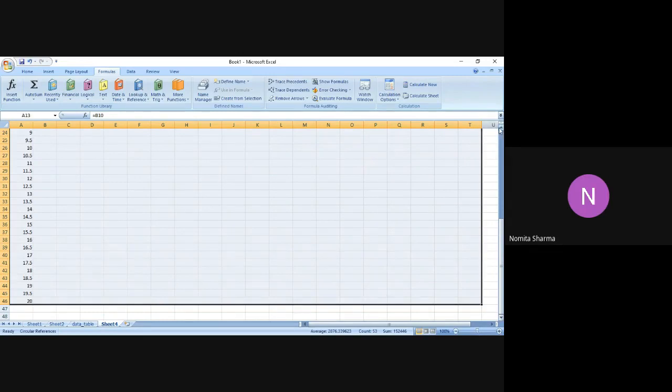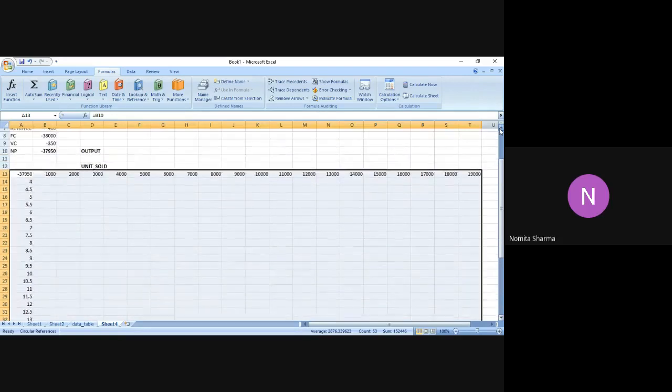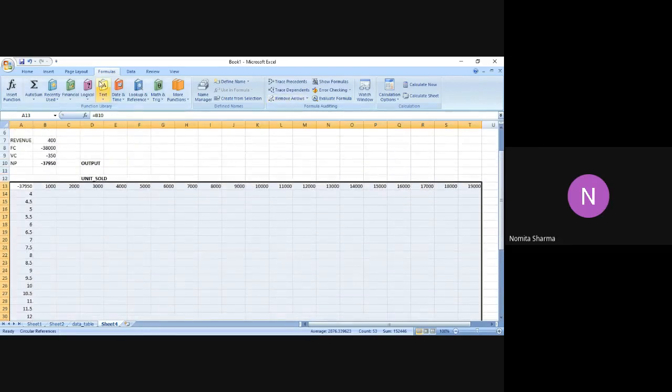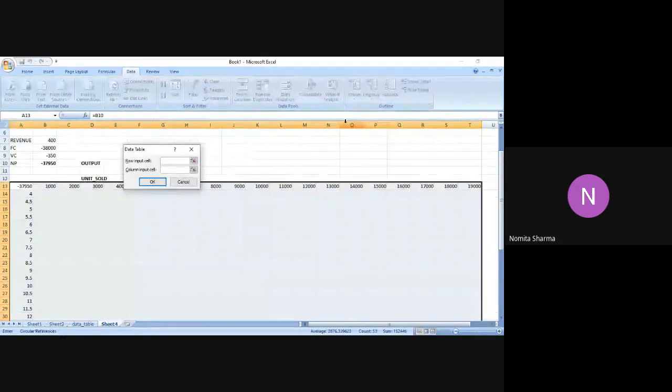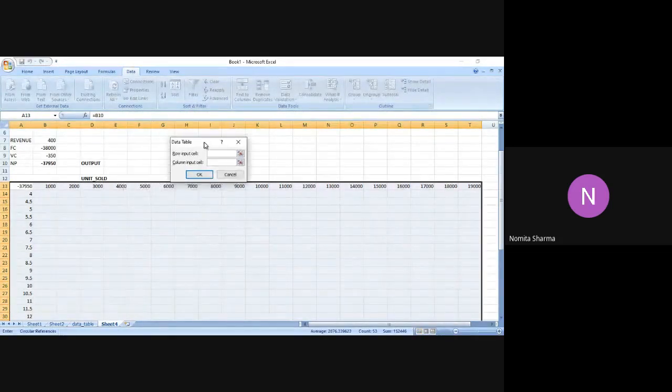All right. So I go at the top and I see that the whole matrix has been selected by me. So then I go to the data. In data, I go to the what-if analysis, and now I select data table, right?